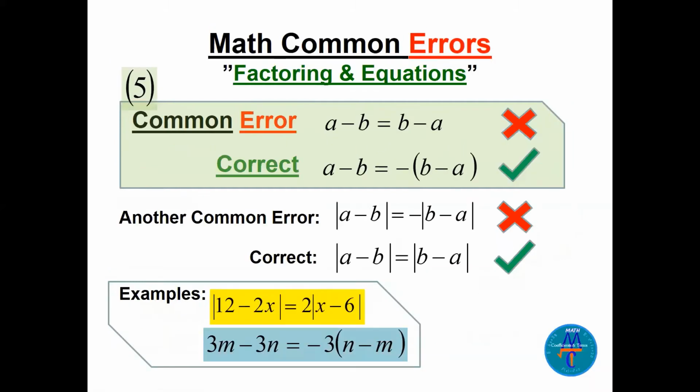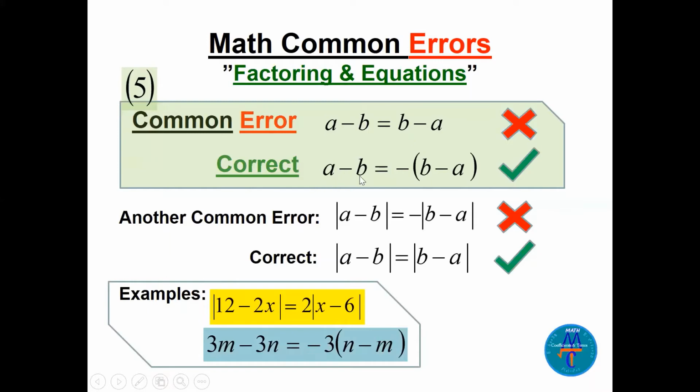Okay, number 5. Common error: A minus B equals B minus A. Is that correct? I think everyone knows this is wrong. A minus B equals B minus A. That's wrong, in red.